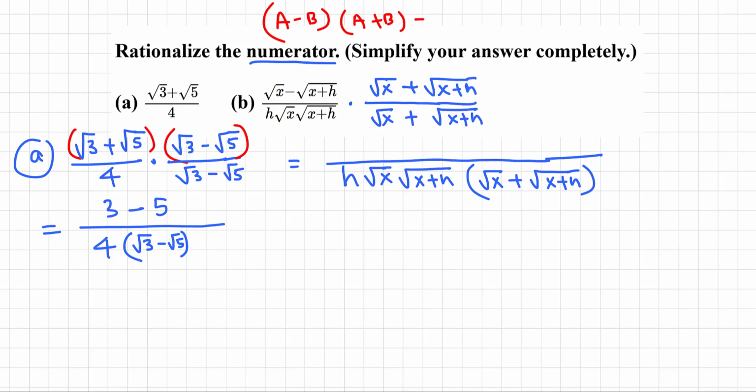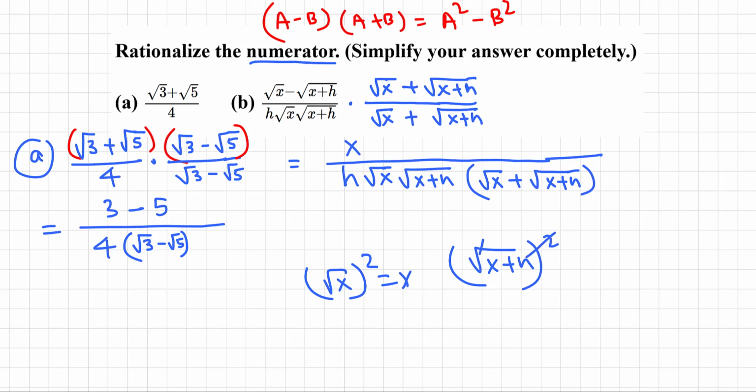If we multiply, that's the difference of two squares. Root x times root x is x, and root x plus h squared is x plus h. Minus, in the middle, x plus h.